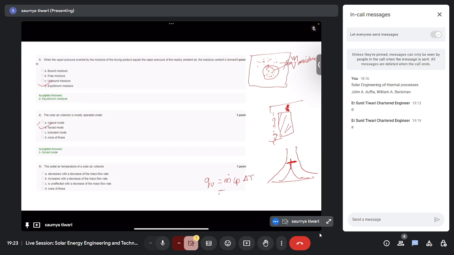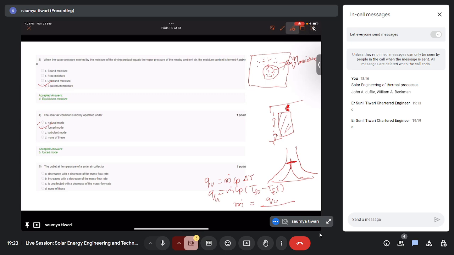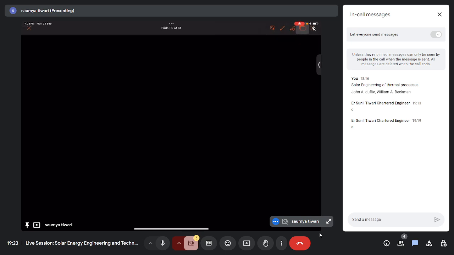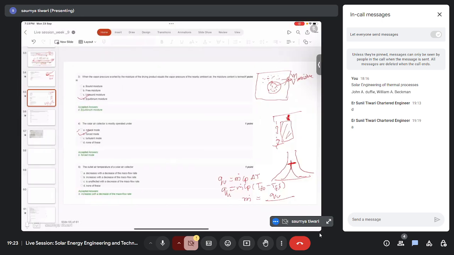The delta T is the temperature of fluid at outlet minus temperature of fluid at inlet.